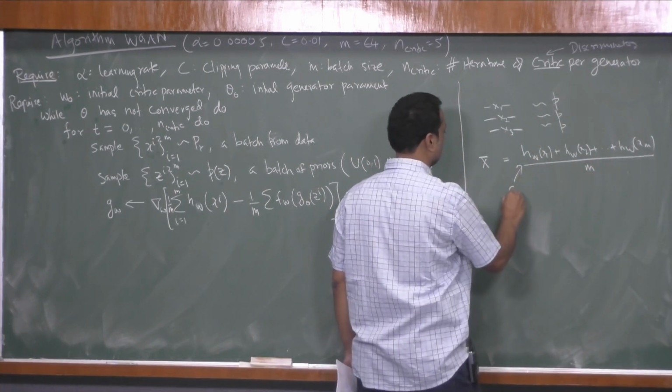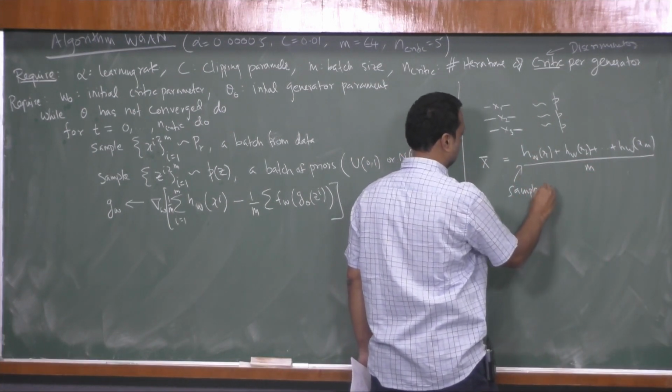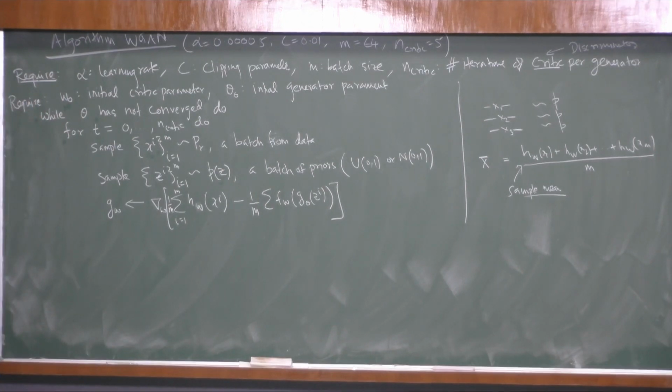This is the sample mean. We did a few more results on this: if you take the sample mean for a decent amount of samples, then it actually approximates the true mean. That's what you have to do in practice, because you can only work with samples.